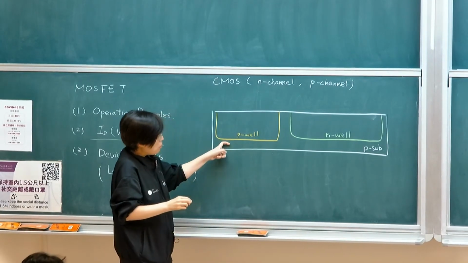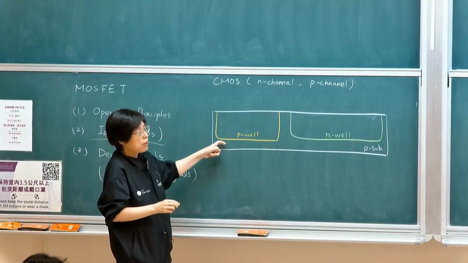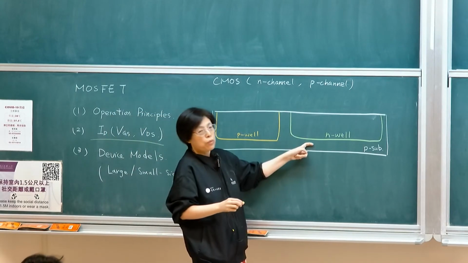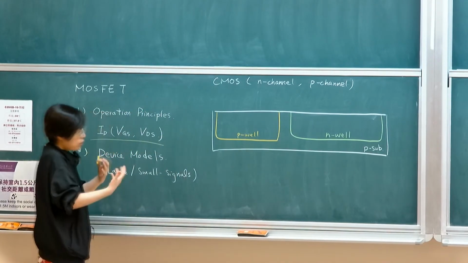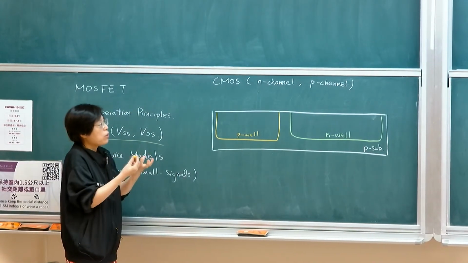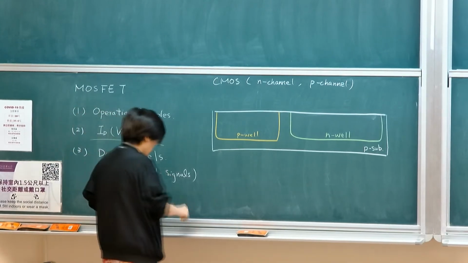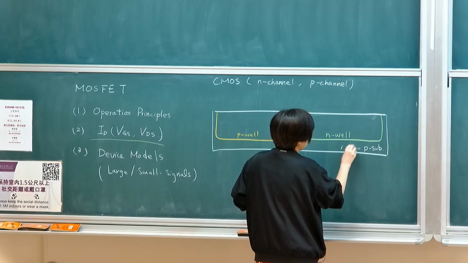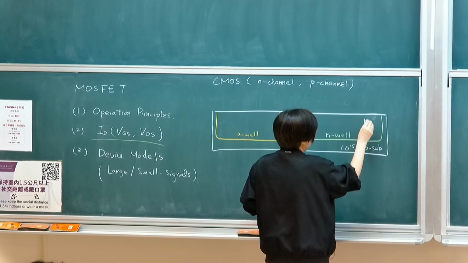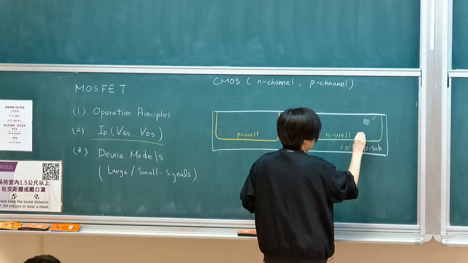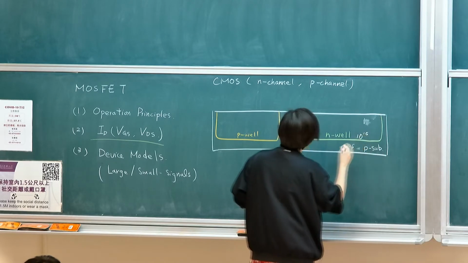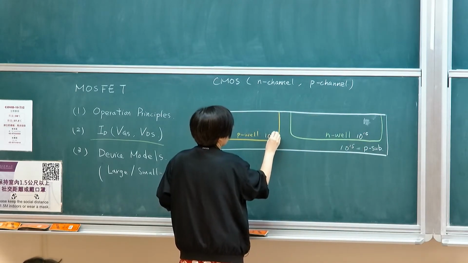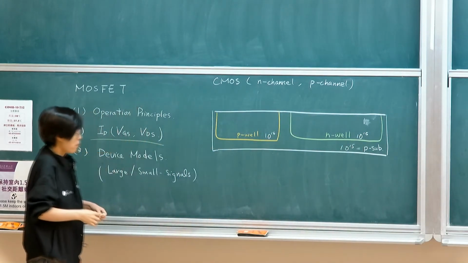Because this is P, this is shorted to the substrate, so this is the same type. This is the reverse type, different type. You could do that to make sure that you have better control as to doping concentration. So typically, this might start at 10 to the 15th, and this would then raise to maybe 10 to the 16th, for example.